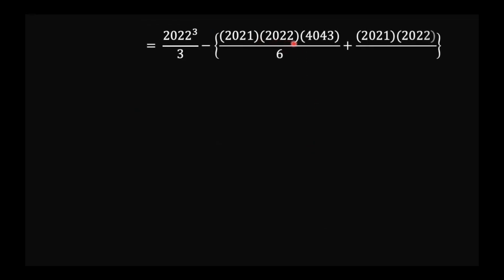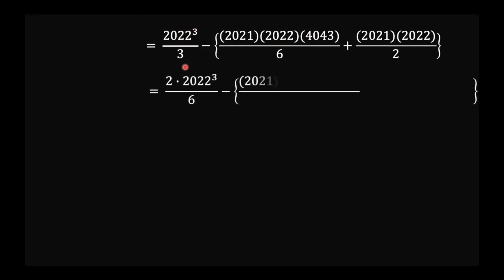So going forward, we substitute the power 3 there over 3. Then we have 2021 times 2022 times 4043 over 6 plus 2021 times 2022 over 2, in brackets. This is all subtracted from this cubed value here.